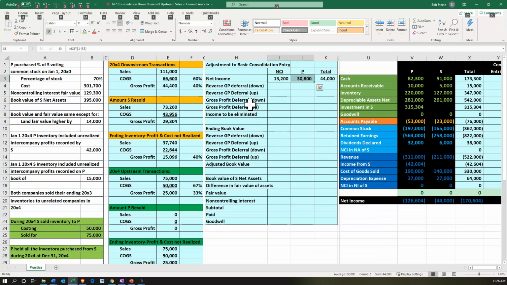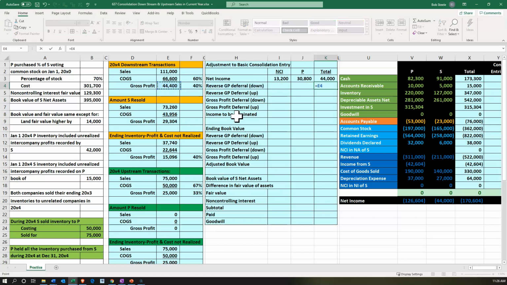Now we're going to go through our information here. We've got to reverse the GP, gross profit deferral, down. So I'm going to put it in the total here, and I'm going to pick this up from the 15 in our data, saying on January 1, 20X4, S's inventory included unrealized intercompany profits recorded on P's books of.